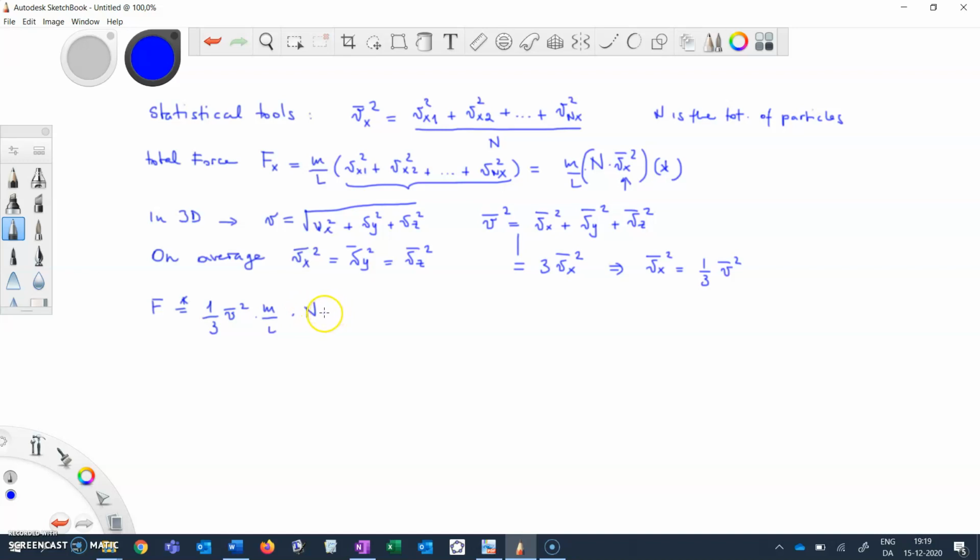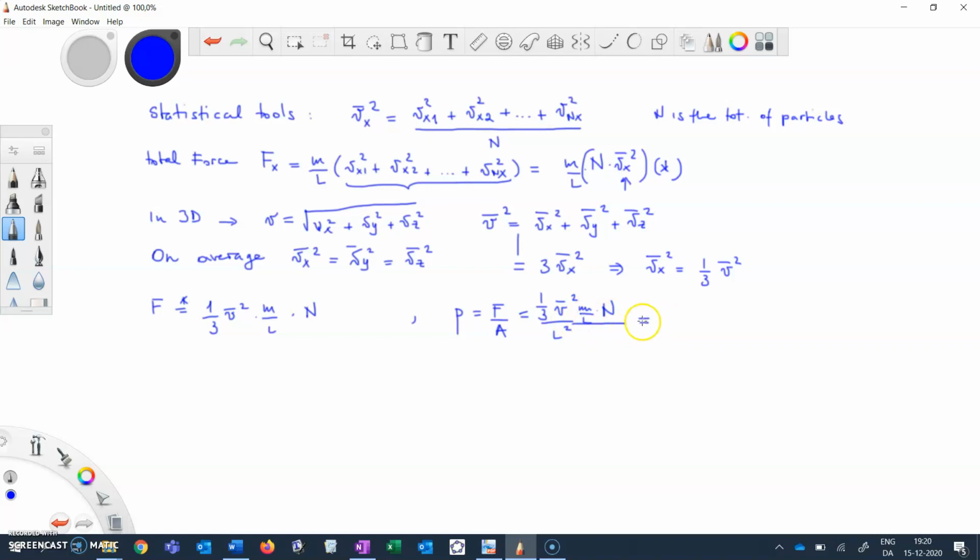All right? Now, what is the pressure? Well, the pressure is defined as a force per unit area. And since the area is L squared, I can just divide this force by L squared. So I have a third V bar squared m times n, but oh sorry, I forgot an L here.